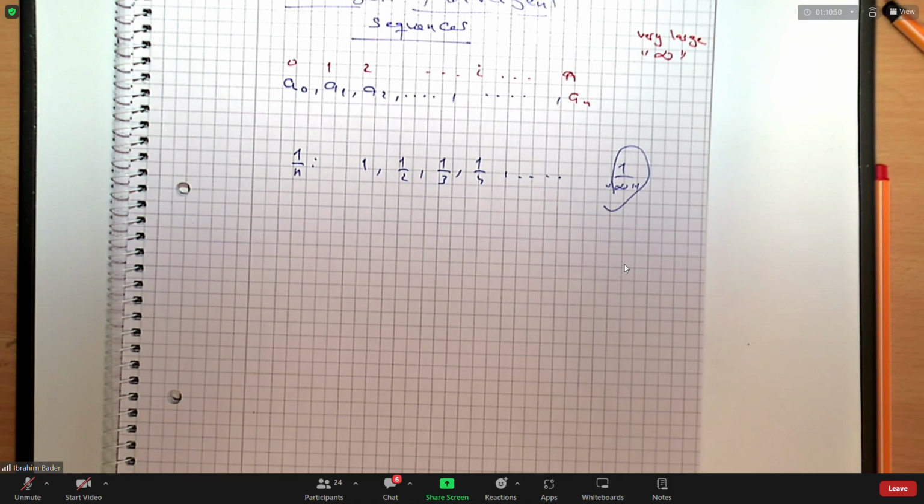You know how to read this: 10 to the power of -4 means just four places. So that means if n becomes very large, we will get a number very close to 0, right? If you just try 1/9,999, okay?